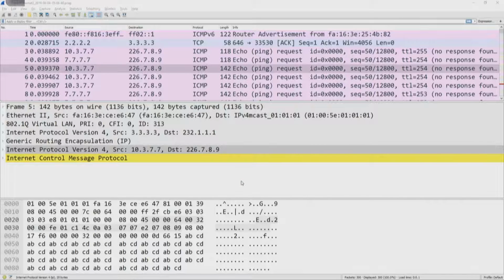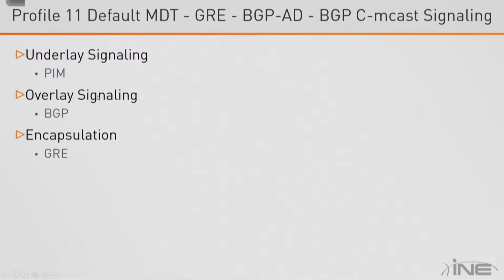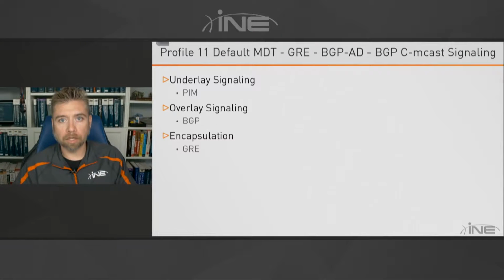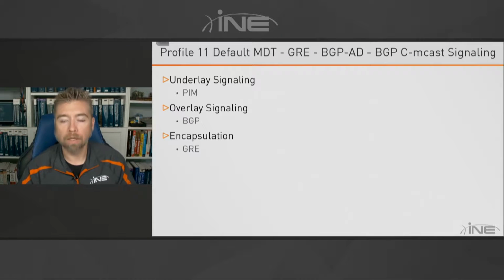What's changing here in profile 11 is the overlay signaling. Previously we were using BGP to auto-discover, so we were advertising a route into MDT, or into MVPN, saying, this is my loopback address, this is the multicast address that I want to use. The same thing is happening here, so we're advertising to the other neighbors that we want to participate in the tunnel.